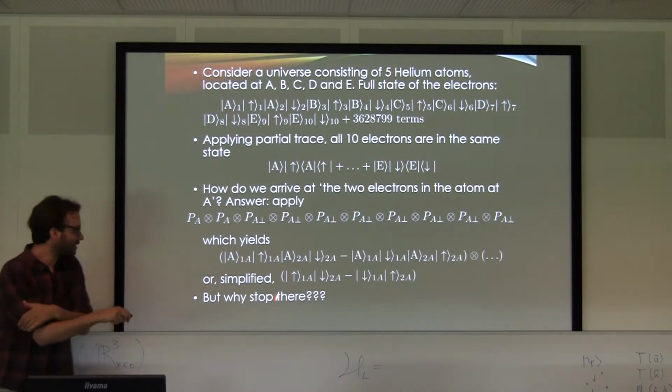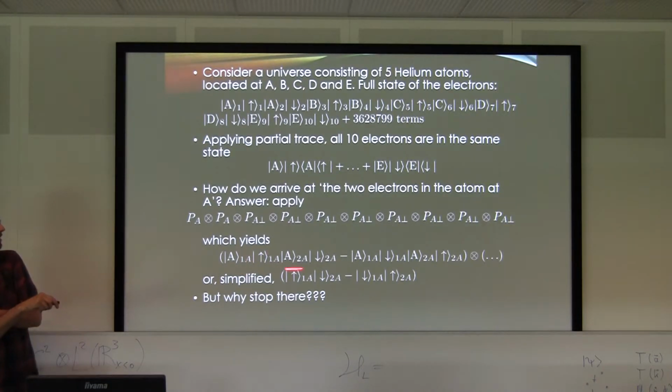Once you have written down these labels and you know they correspond to this operation of projecting, then it doesn't really matter anymore what the order of the tensor product is.